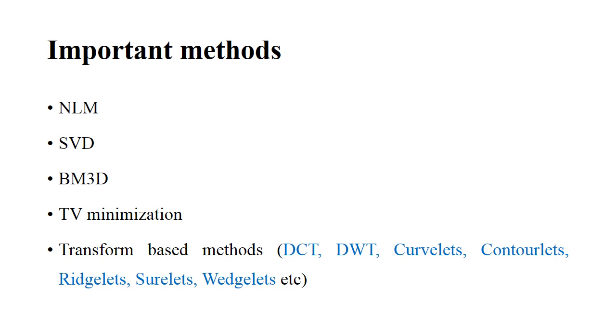Now, the most important methods I must list somewhere, as we are almost at the end of the presentation. The most identified methods till now, in terms of the spatial domain: non-local means, singular value decomposition, BM3D, total variation minimization. These are the spatial domain methods. In the transform domain, we make use of transforms like DCT, DWT, curvelets, contourlets, ridgelets, surelets, wedgelets, etc. There are so many transforms which can perform in a very good way.